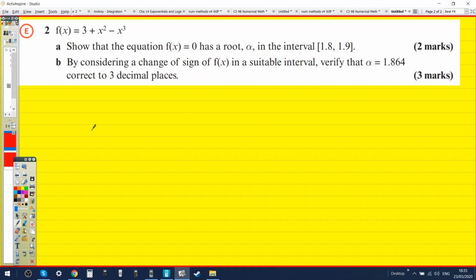So consider. Oh, and they give you. Oh wait, no. Do we use the interval from above? No, that's different. Any idea how you can show this to 3 decimal places? Verify that alpha is. Would we use the iterative kind of going through the calculator sort of thing? So that's what everyone thinks, and they get 0 marks.